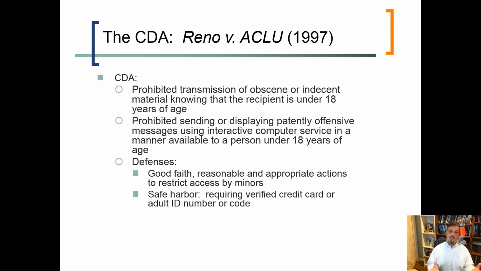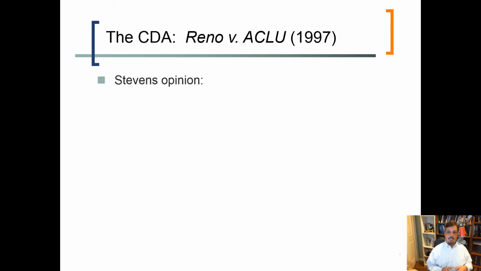So you can see what this statute's trying to do is trying to say to any provider of internet content that if there's any chance that the material is going to be obscene and is going to be able to be accessed by a child, which really you can't know for sure who's going to access your stuff on the internet, then you would have to have some kind of means of verification. And so here again, the court finds this part of this statute unconstitutional.